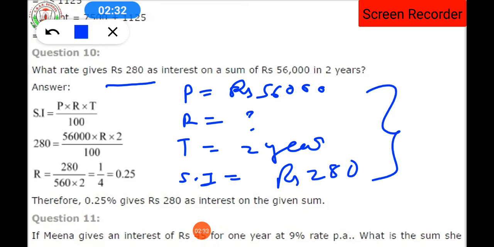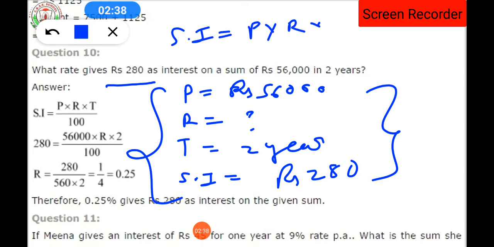Now substituting all these values in the formula of simple interest, which is P into R into T upon 100, you can easily find out the value of R, value of rate. ठीक है, समझ आया? जब हम प्रिंसिपल, रेट, टाइम और SI को पुट करेंगे, क्योंकि यहाँ पर हमको रेट फाइंड आउट करना है, सो रेट को R ही कंसिडर करोगे. बाकी values you have to substitute over there, as SI is 280 rupees, principal is 56,000 and time is 2 years. After substituting and solving you will get the required answer.